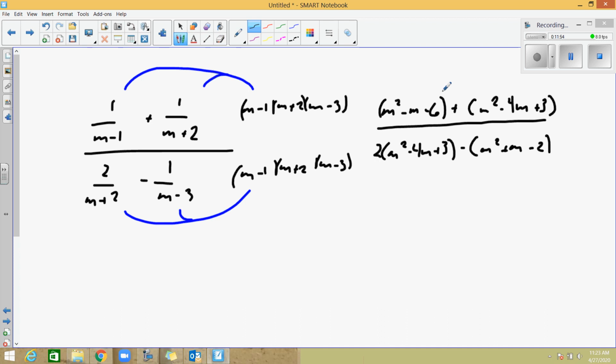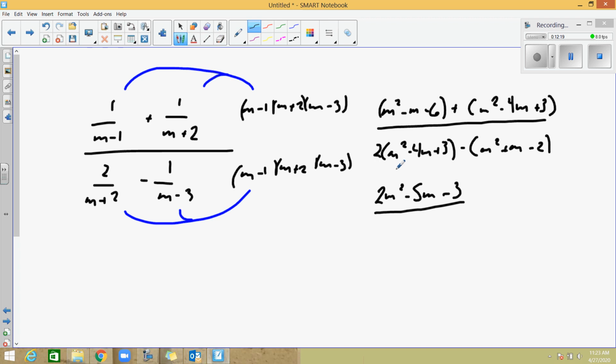All right, so now I have kind of a mess up here I'm going to have to clean up, which is not huge, but let's go ahead and get this guy going. So I've got on my top 2m squared, minus 5m, and minus 3. All right, this bottom's going to take a little bit more because this guy I have to distribute.